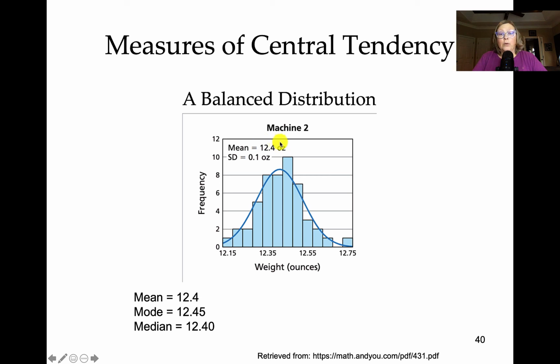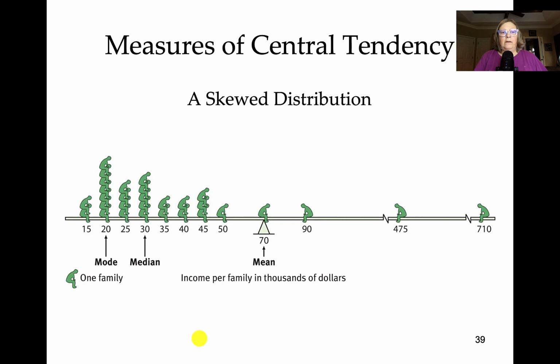But what's more important than that is the other measures of central tendency, the mode and the median, are really close to the mean. So when all of them are close together, then we call that a balanced distribution. And when mean, median, and mode are very different, we call that a skewed distribution.